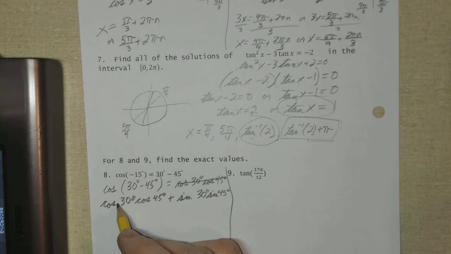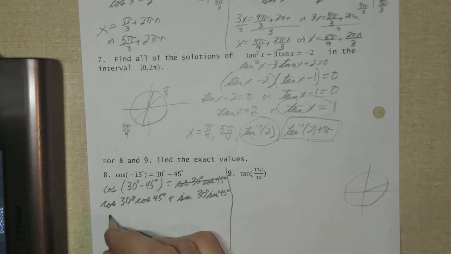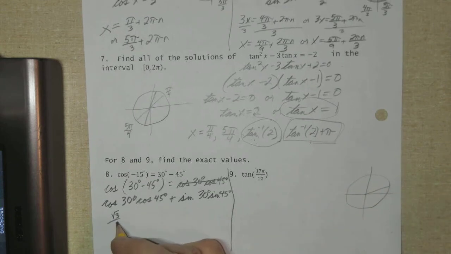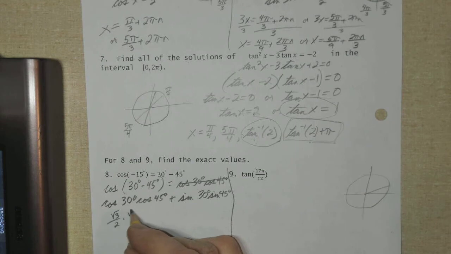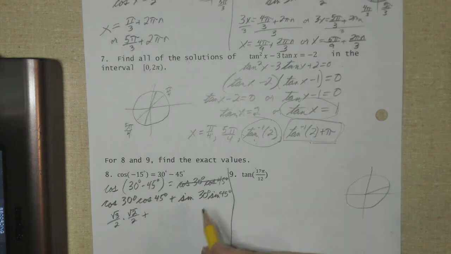Alrighty. Cosine of 30, right there. Cosine of 30 is the square root of 3 over 2. Cosine of 45 is square root of 2 over 2. Plus the sine of 30.